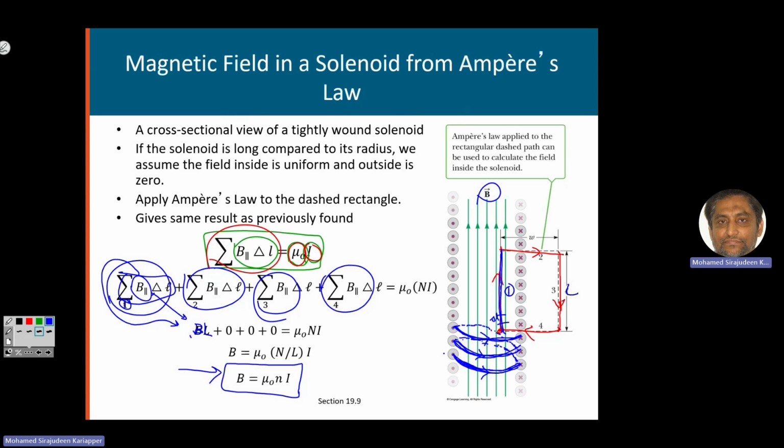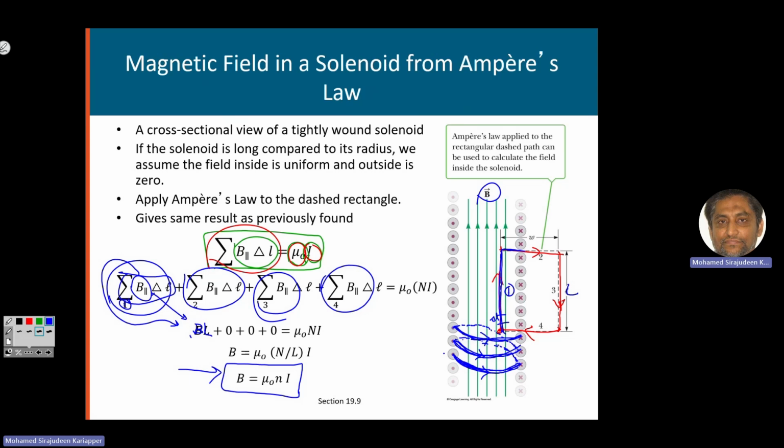Number 2 is the wire on the top. There we have to consider this part which is inside the solenoid and the other part which is outside the solenoid. For the part that is inside the solenoid, there is a magnetic field, but the magnetic field is vertical and the delta L is horizontal.